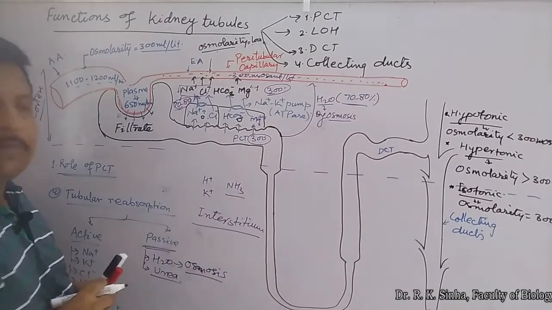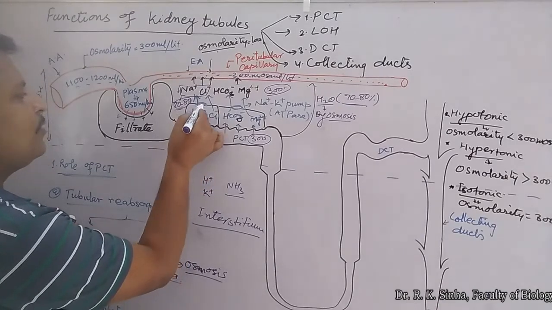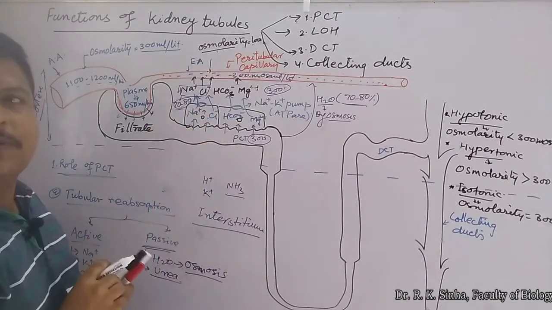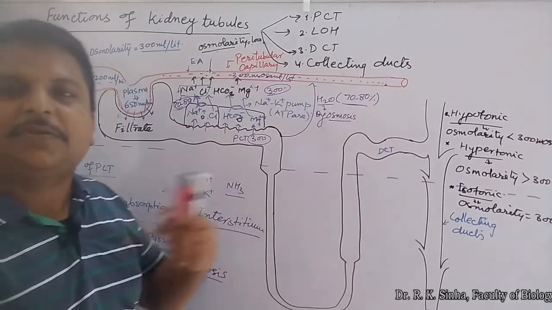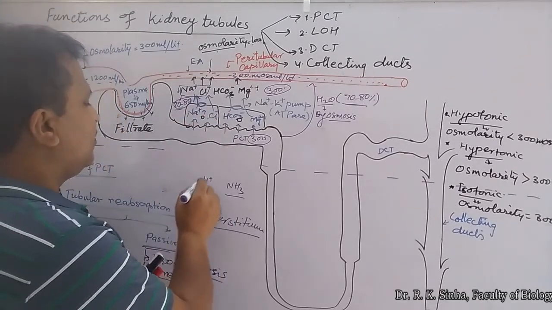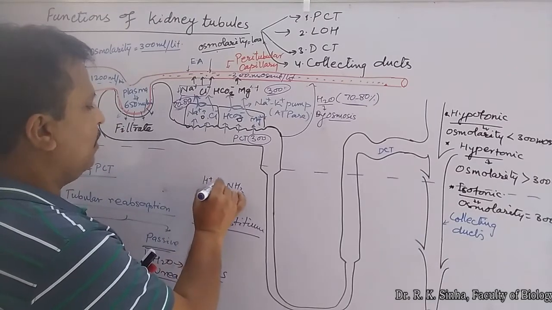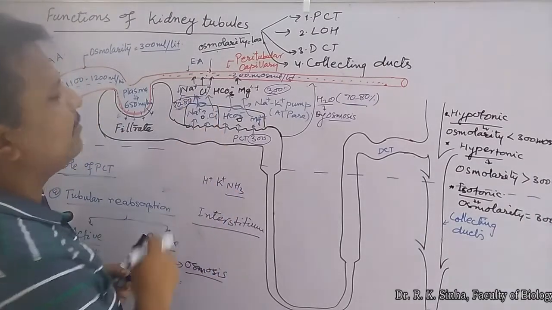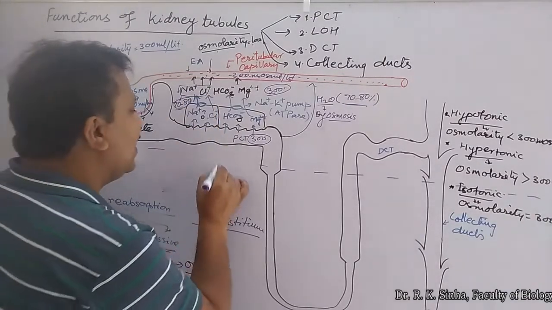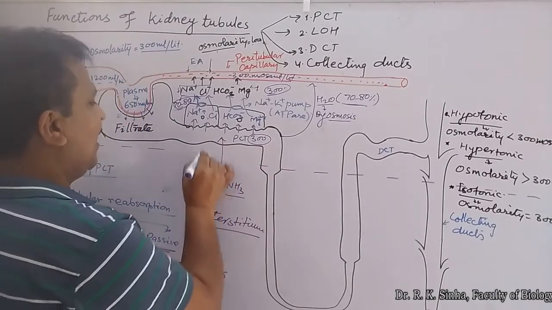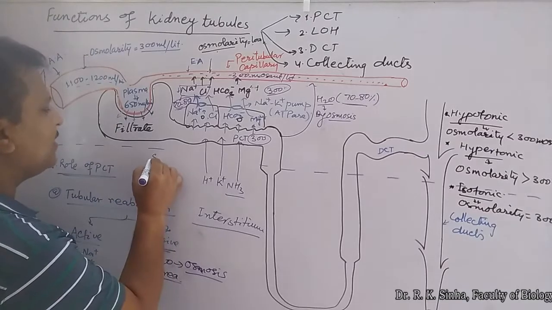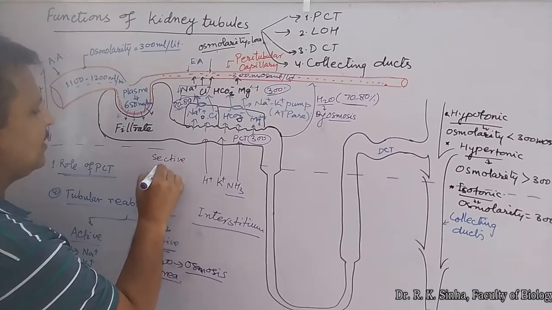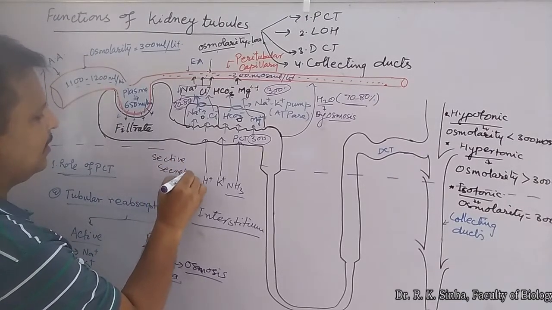This potassium will pass through this pump, meaning 3 Na+ will be exchanged for 2 potassium ions. So this potassium ion will be exchanged in place of the sodium ion. So it will be secreted here and here. This is known as selective secretion. Okay.